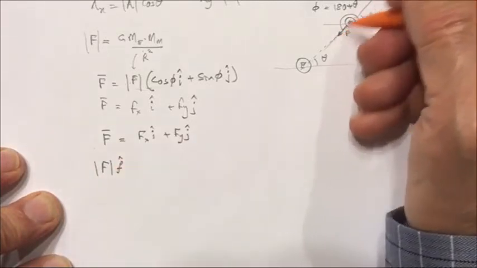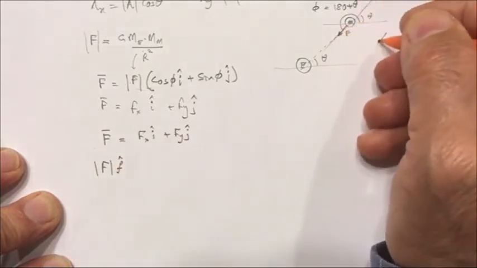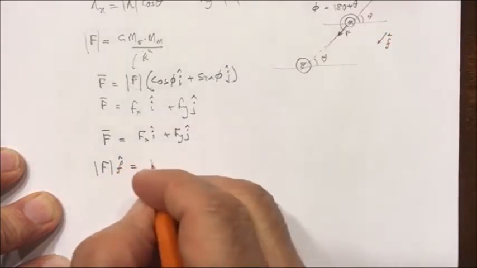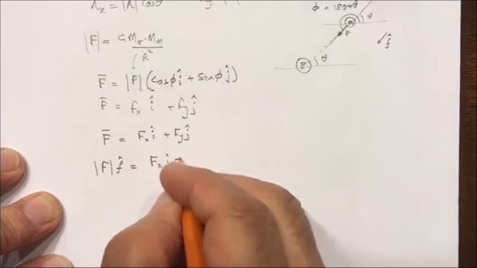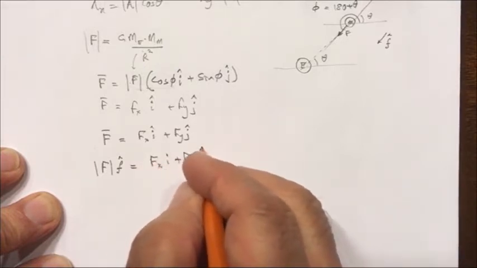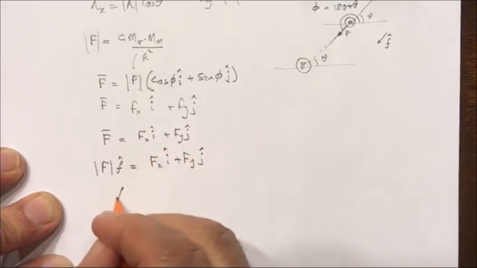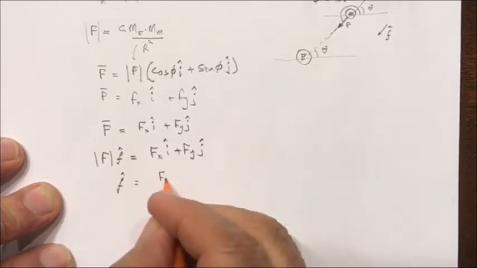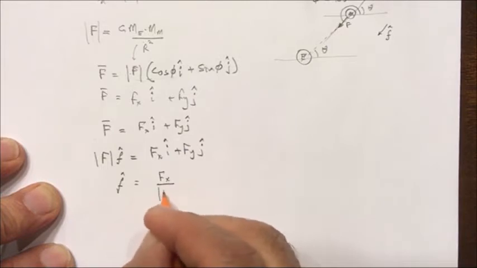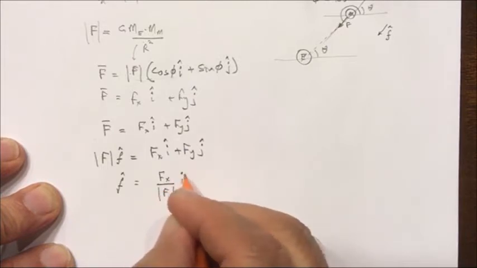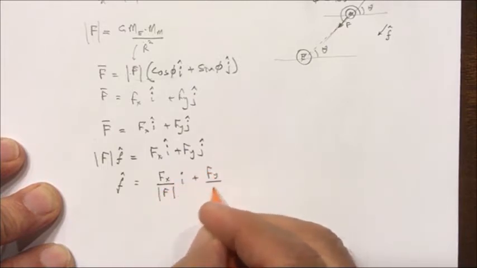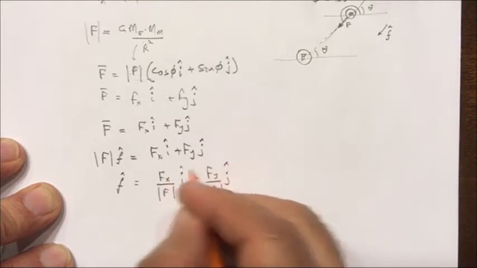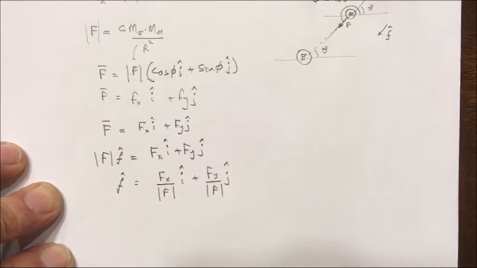So the unit vector of F is going to be Fx over the magnitude of F times i, plus Fy over the magnitude of F times j, and that's how we get the unit vector.